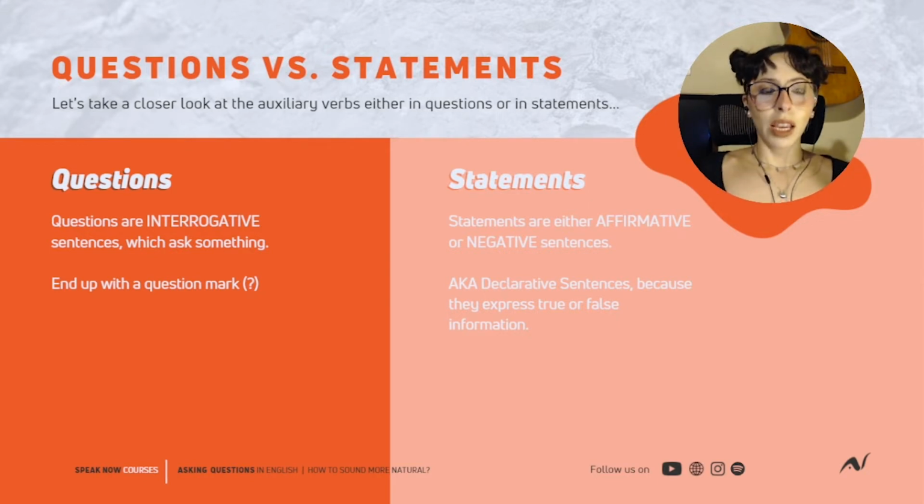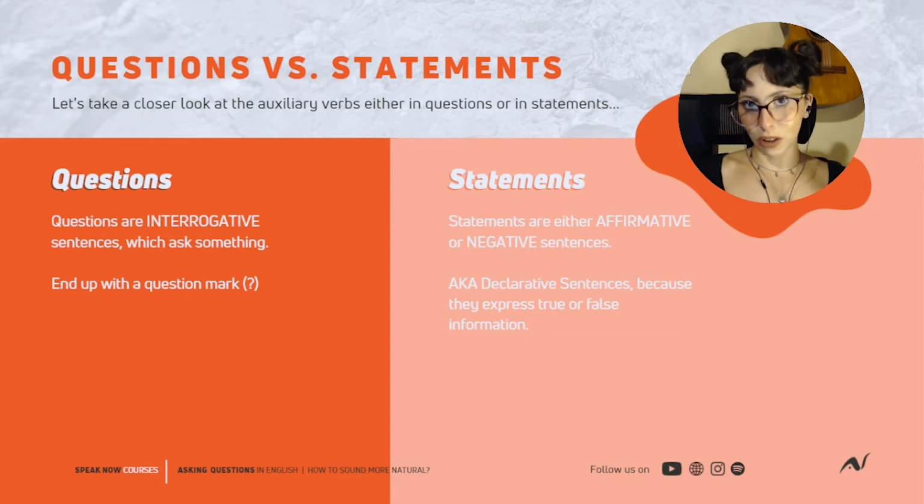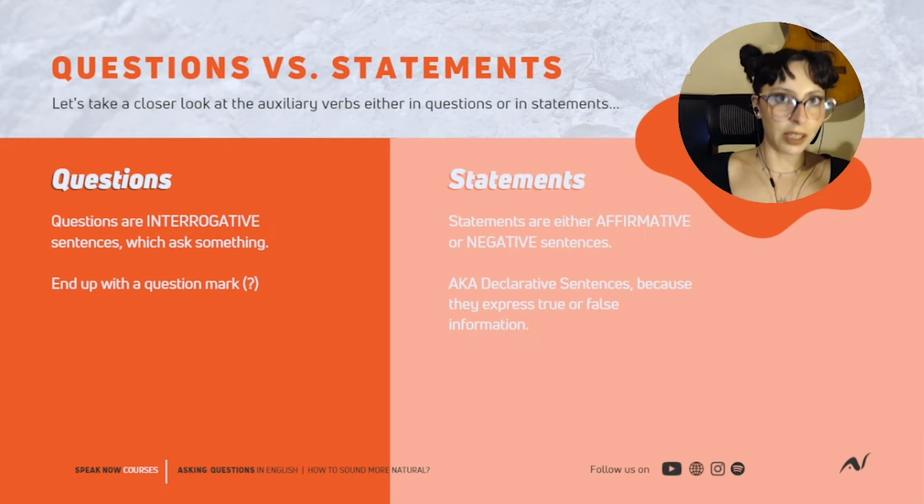All right, so in questions, the auxiliary verbs that we studied previously, sometimes it's the verb to be, sometimes they are other auxiliary verbs as do, does, did. If you haven't watched the previous lessons, please go back, watch the previous lessons. No matter which auxiliary verb in questions, they normally behave in this way.